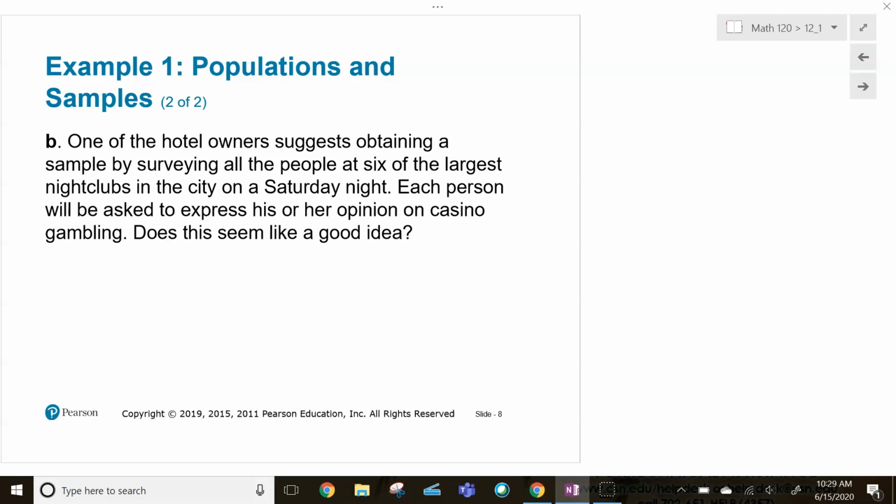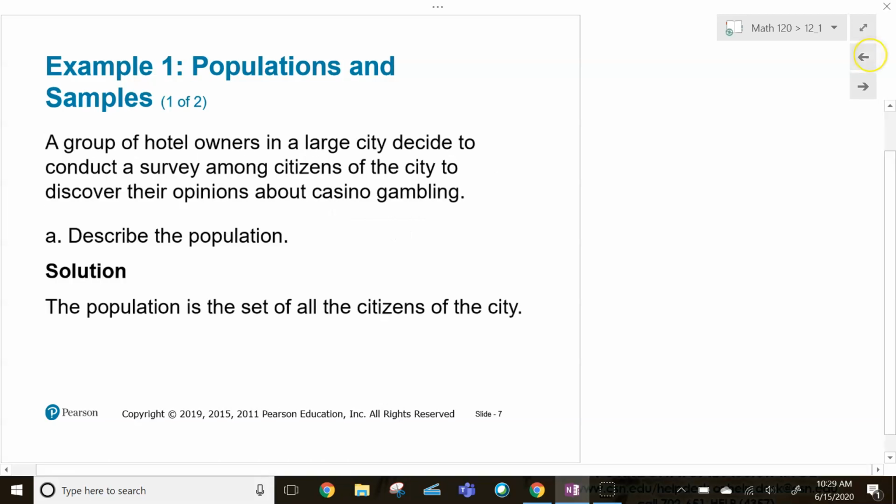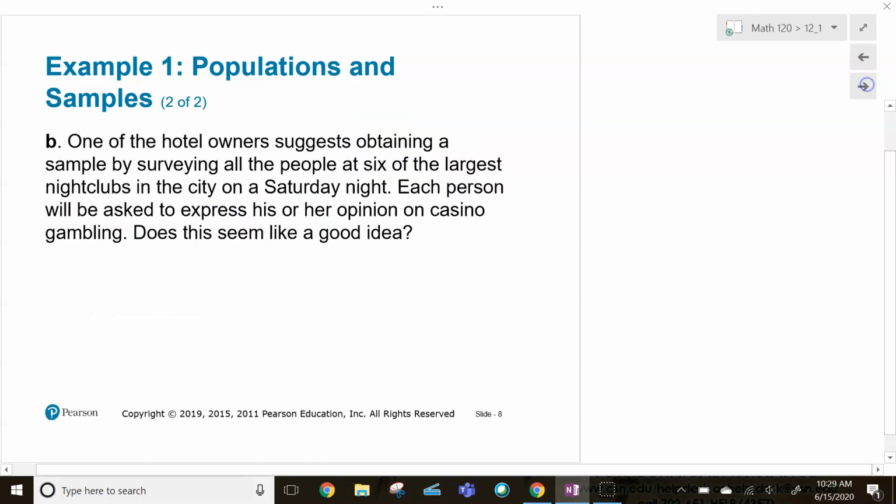Does this seem like a good idea? Well, the problem is this is not a representative sample. It's really a poor idea because at the nightclub, you're probably going to have people with a more positive attitude toward gambling, so it's not representative of the opinions about casino gambling for the entire city.